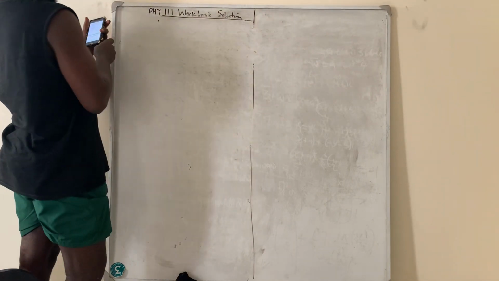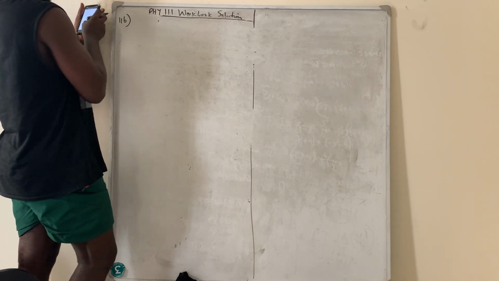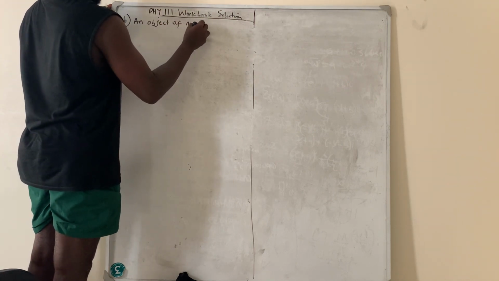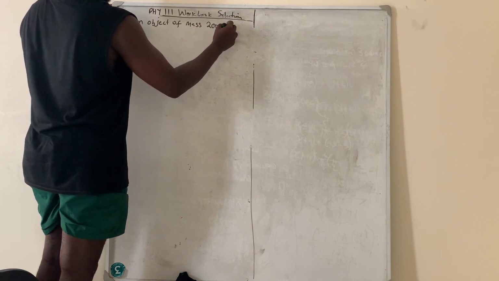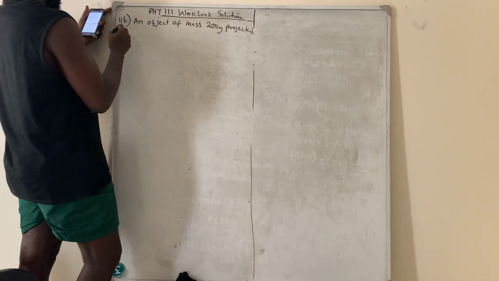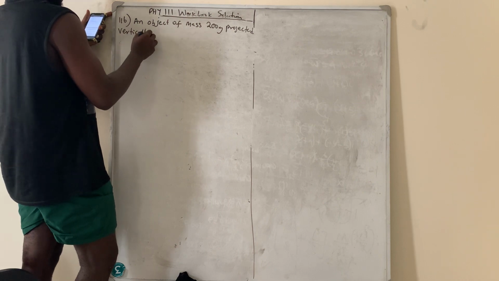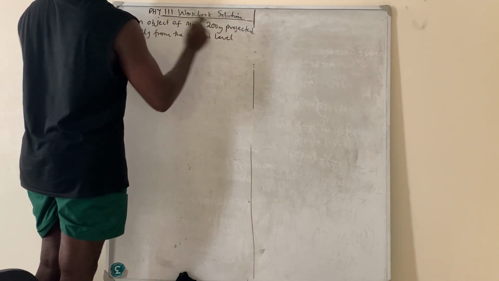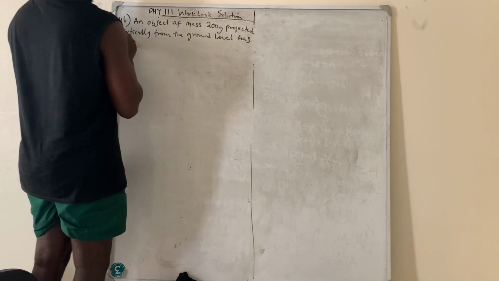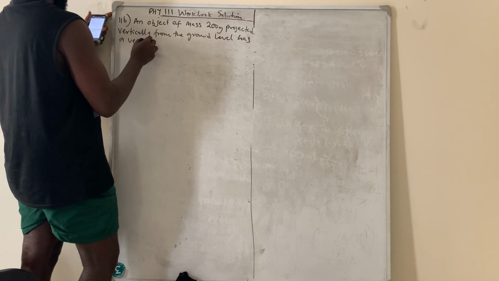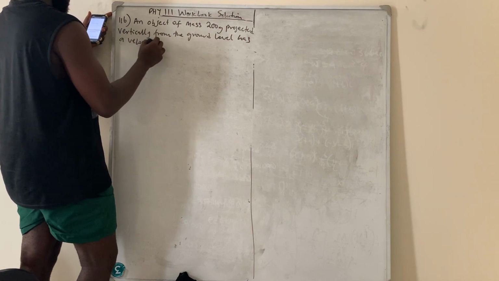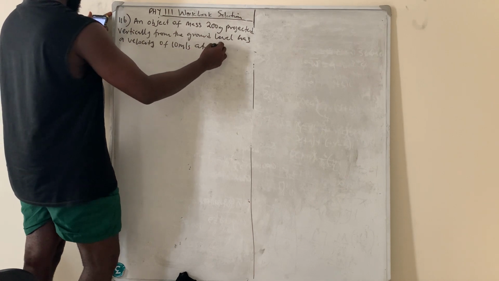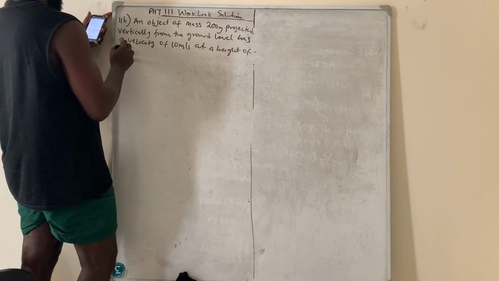Question number 116 said an object of mass 200 gram projected vertically from the ground level has a velocity of 10 meter per second at a height of 20 meter.